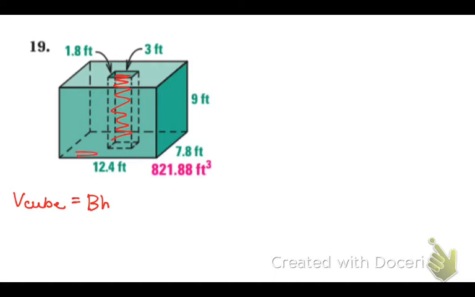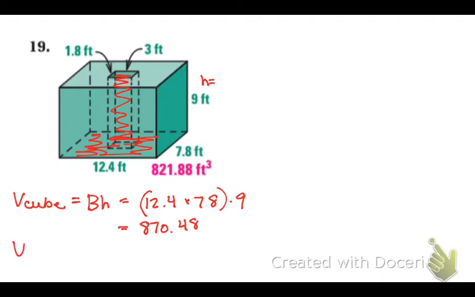Let's use this down here as our base. So the area of the base is 12.4 times 7.8, and then we're going to multiply that by the height, which is equal to 9 feet. So long story short, it's equal to 870.48.